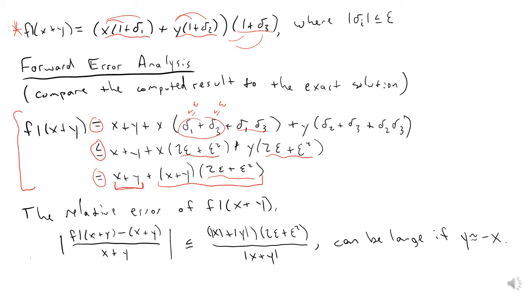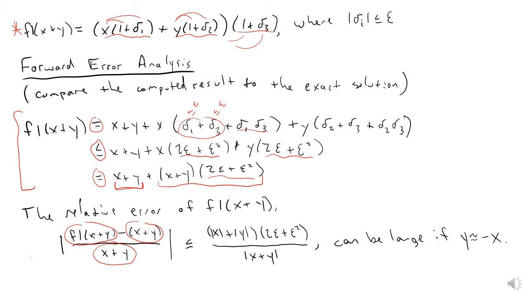If we wanted to look at the relative error of the floating point addition for x plus y, remember relative error: we look at the computed result minus the actual result divided by the true answer. In the book they skip a few explaining steps on where this inequality comes from.